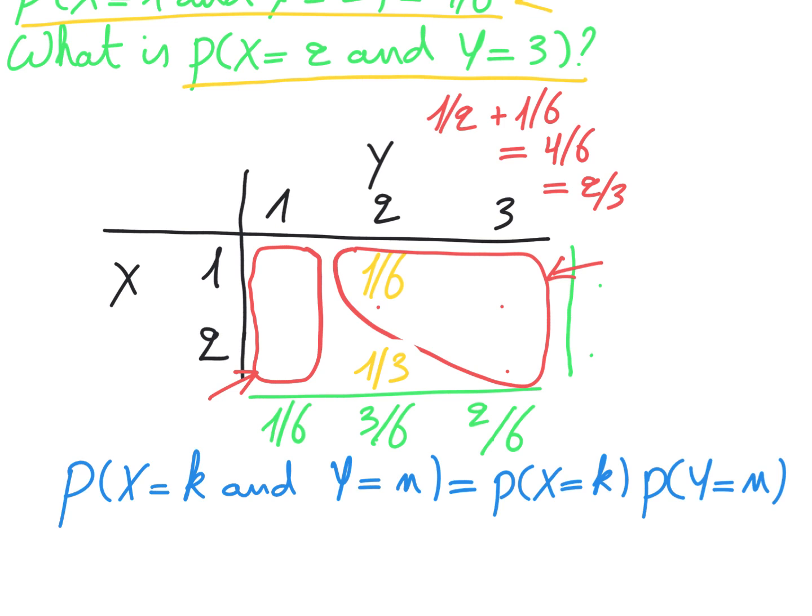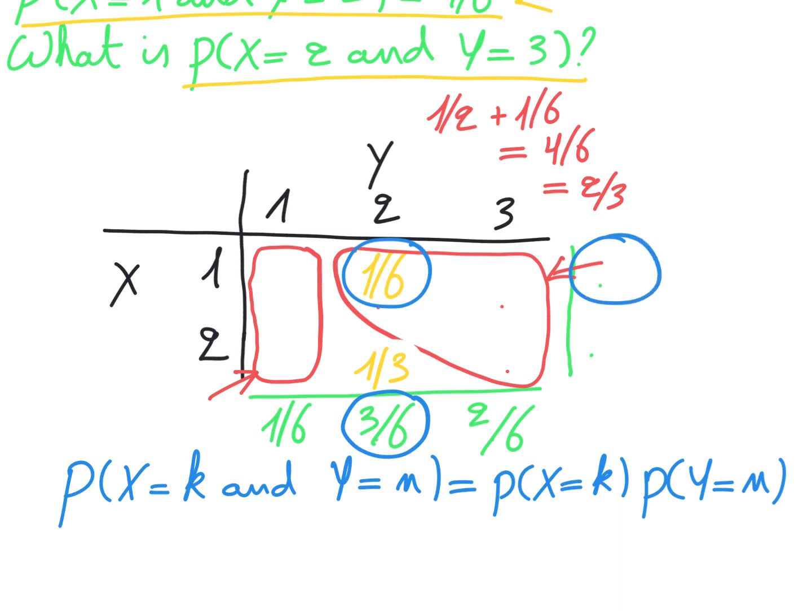We can use that here. For example, the probability that x is equal to 1 and y is equal to 2 should be equal to 3 over 6 times this probability over here.